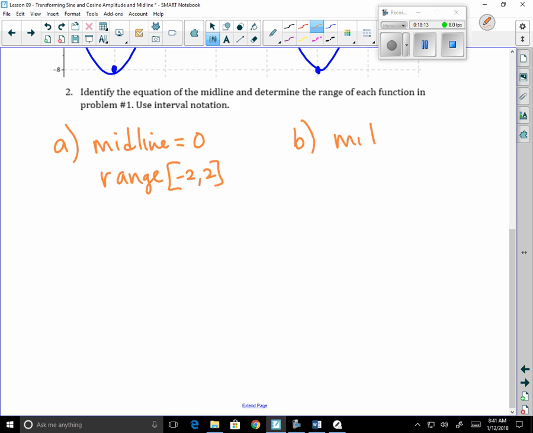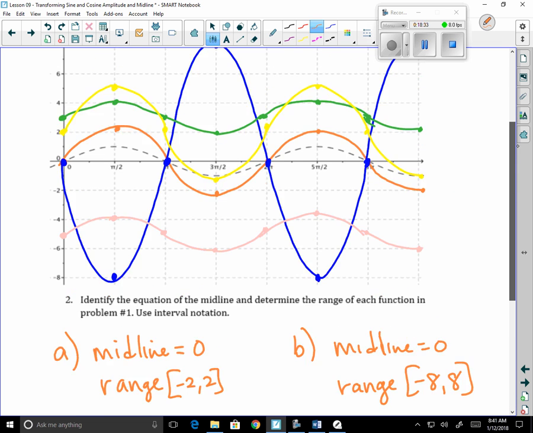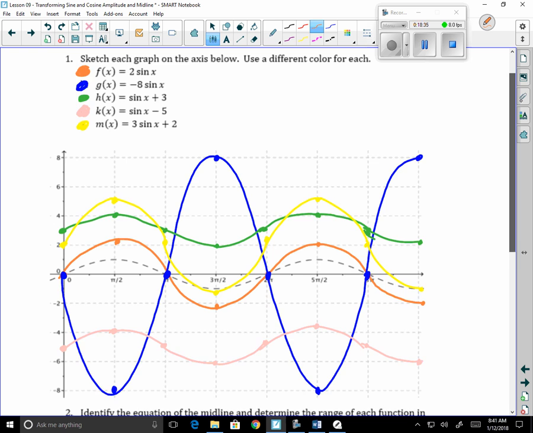Part B, the midline is also 0. And the range, since the amplitude was 8, is -8 to +8. For part C, this one had a midline that wasn't 0. So the midline for part C was 3.